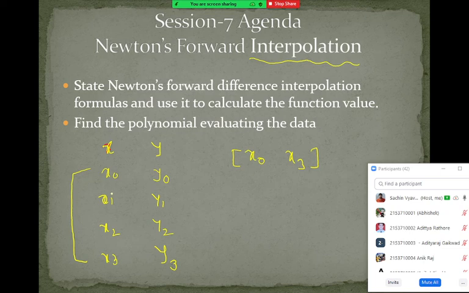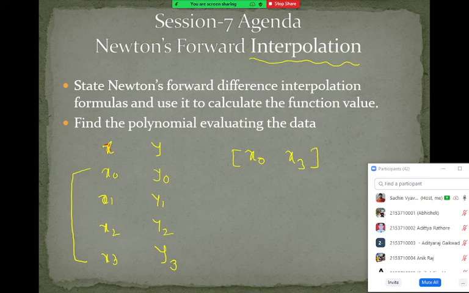Suppose in between x0 and x1 there is some point, and we have to find the value of y for that value of x. That is interpolation. There is another thing known as extrapolation, but that is not part of our syllabus. In extrapolation we find the value of y outside the interval x0 to x3.